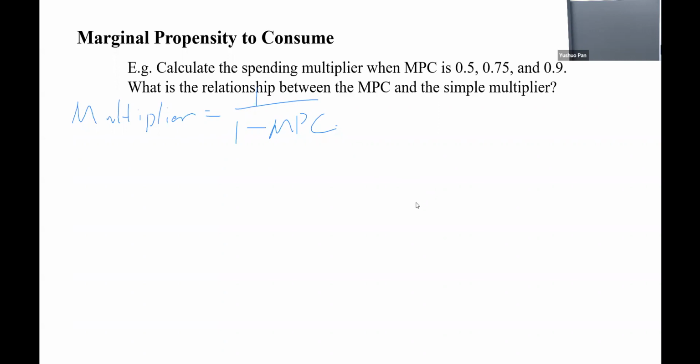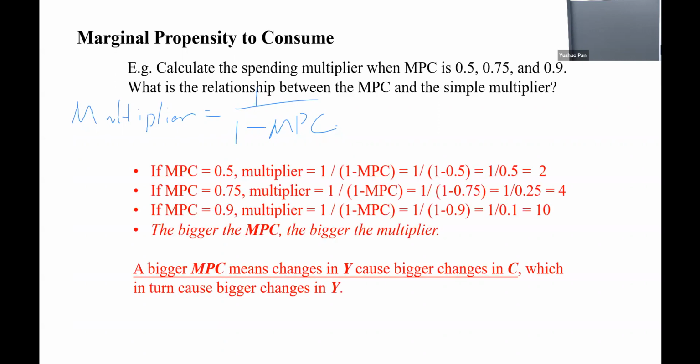The calculation should be easy, right? If you can remember this equation, all you need to do is plug in the different numbers, substitute MPC. So if MPC equals 0.5, the result is the same calculation over here. So you will get the result as 2, 4, and 10.